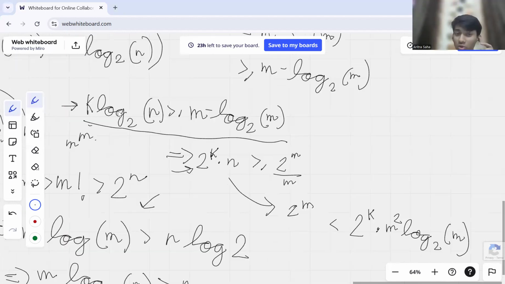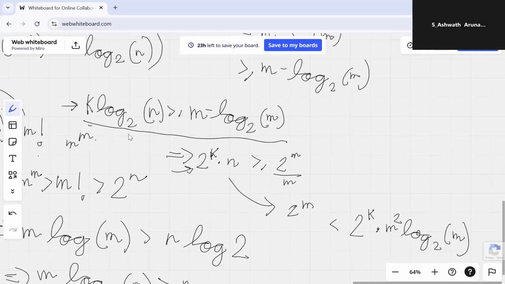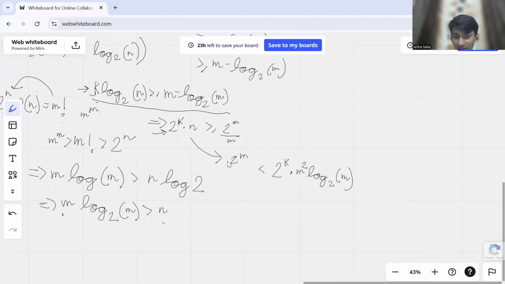Oh, we just do 2 to the power of the whole thing, because a greater than or equal to b implies 2 to the power a greater than or equal to 2 to the power b if a and b are greater than or equal to 1. So we just did 2 to the power k into 2 to the power log 2 of n, which is n. So 2 to the power k into n is greater than or equal to 2 to the power m by m. From there, we substitute the value of n because we have the right inequality sign here.